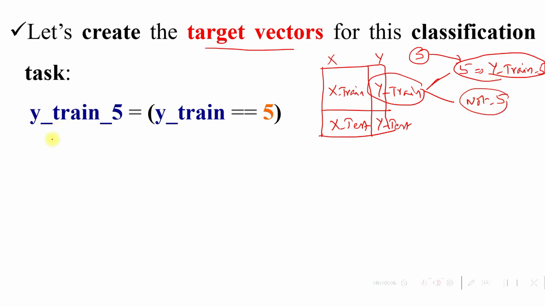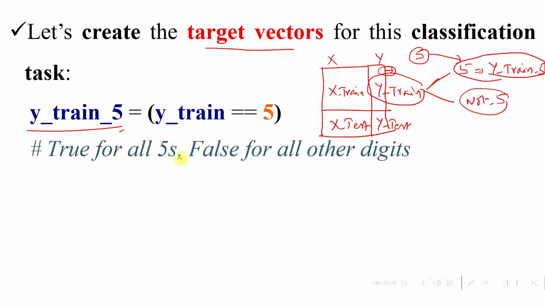For that we assign a label using one variable, y_train_5. Whenever the element is equal to 5, it is assigned to y_train_5.